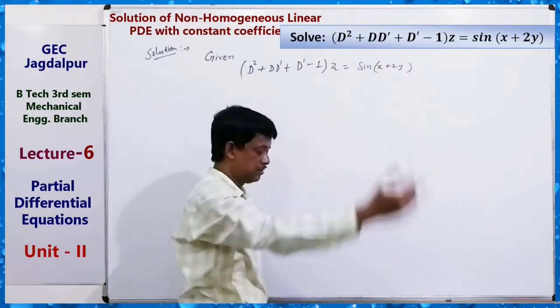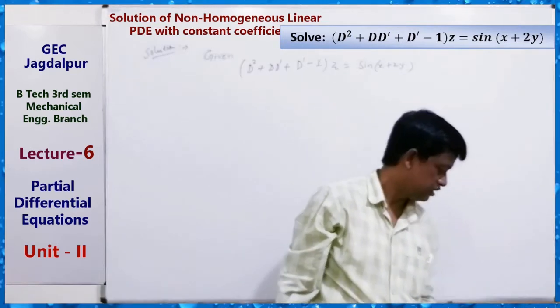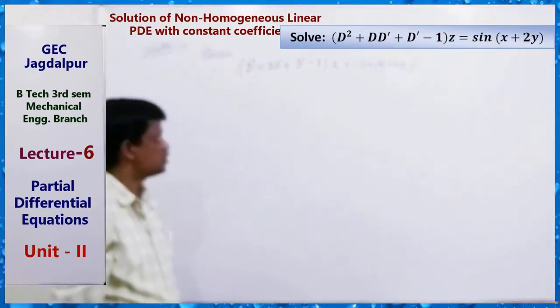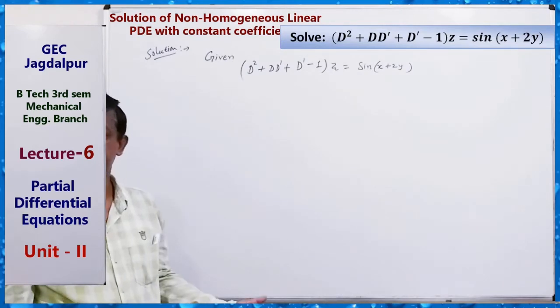This is the given equation. Clear? So we have to find its complete solution.